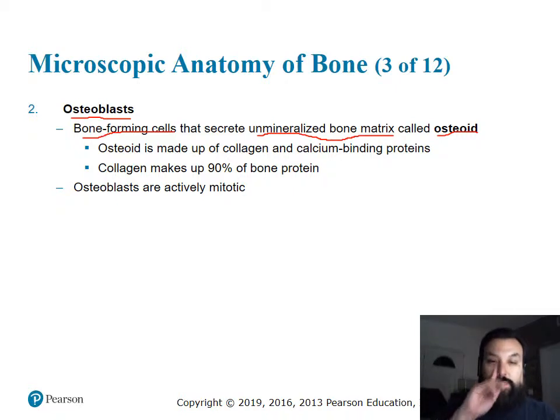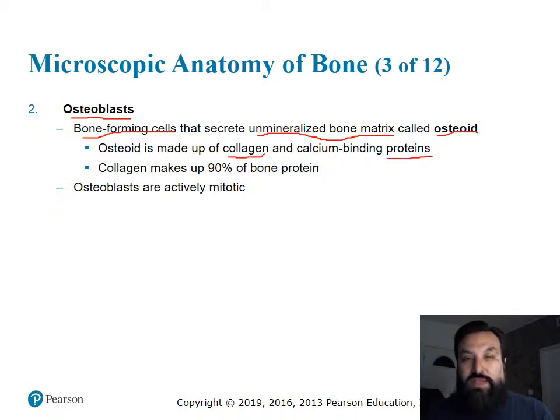That's the matrix that gets made and secreted by these bone forming cells, the osteoblasts. This matrix is basically made up of collagen and proteins that bind calcium. So again, we're laying the foundation to add, for example, calcium in here as well. Most of the proteins you find are collagen, so it's made up of collagen and those calcium binding proteins.